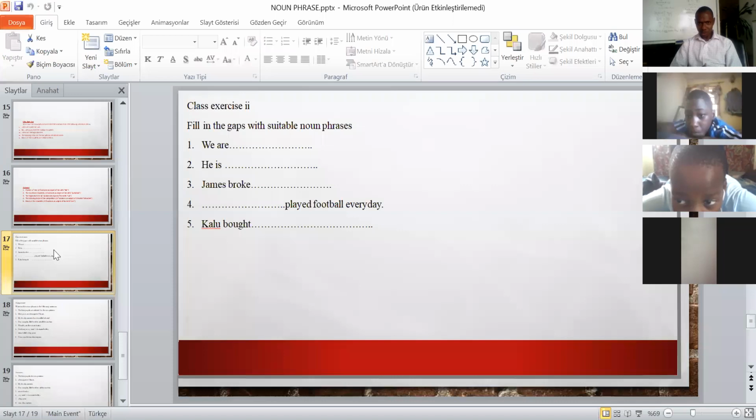Fill in the gaps with suitable noun phrases. I believe you can see what is on the screen. We are not stubborn students. Okay, stubborn students is a noun phrase, correct? Faisal.